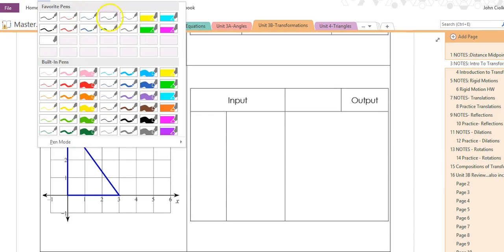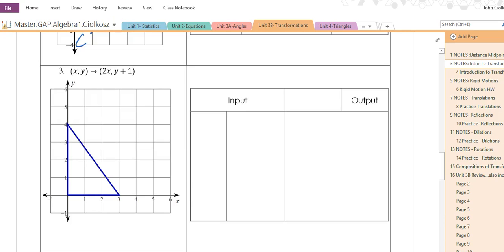Looking at number 3. Alright, so it looks like the order is the same, but now I'm doing a little bit of algebra. I'm multiplying and I'm going to add here. So let's get our points.